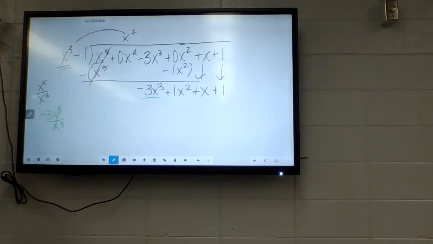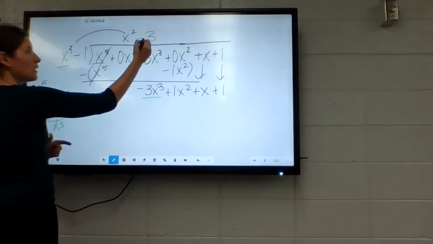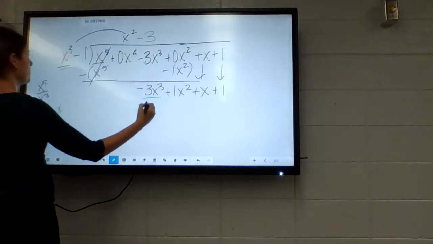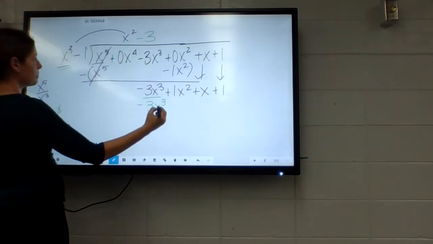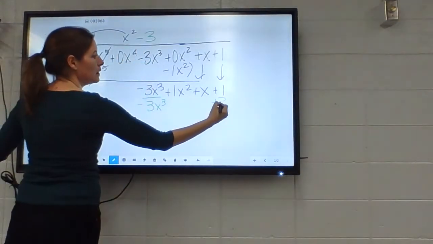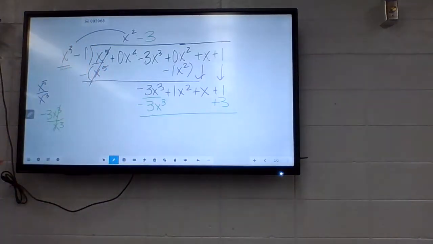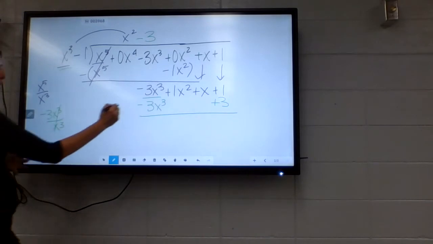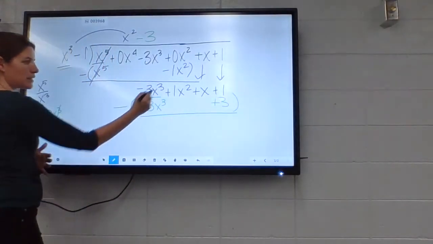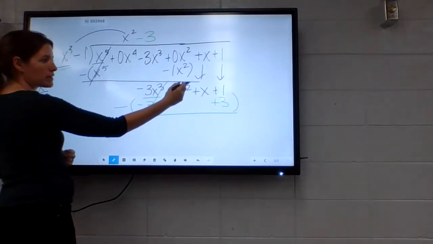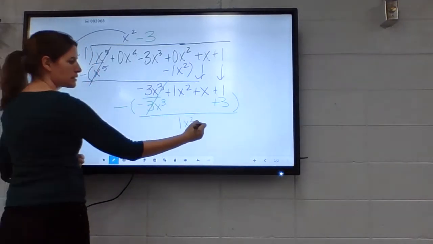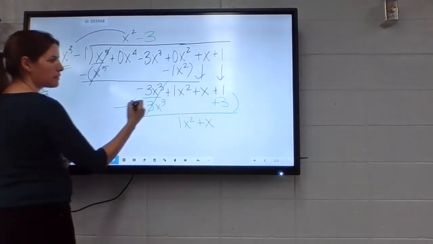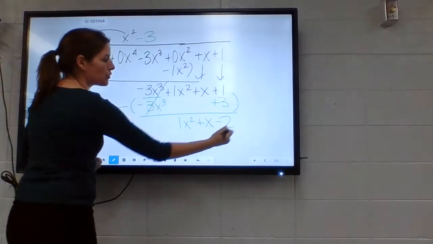Divide here, I have a negative 3, and we're going to multiply back. Negative 3 times negative 1 is going to be a positive 3. And there's a lot of other terms here, but I don't need anything to go with them because nothing matches up. We're subtracting here. This cancels. 1x squared minus 0. 1 minus 3 is a negative 2.